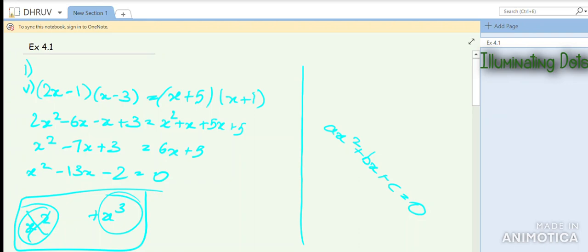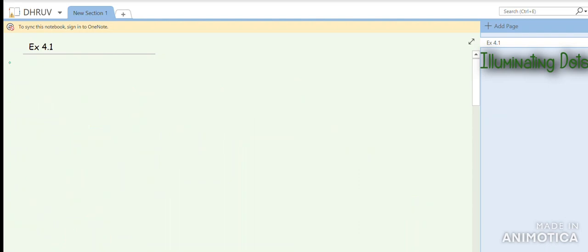Let's begin with the second question. As usual, I will just be telling you how to solve it. The first one: the area of a rectangular plot is 528 meters square. The length of the plot in meters is one more than twice its breadth. We need to find the length and breadth of the plot.